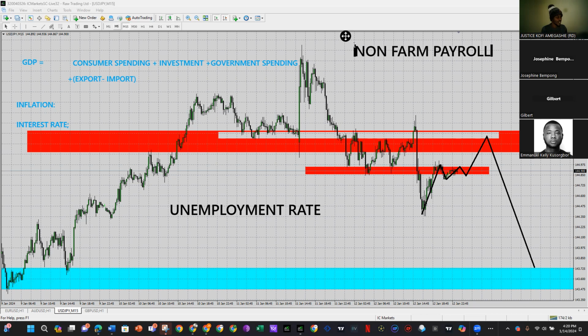So every first Friday of the month at either 12 o'clock or 1 p.m., there is a non-farm payroll. It's a very high volatile news. So you want to be off the market after the news release. You come and do your analysis and then you place your trade. That makes it more exciting than you being in the news. When the news is released, that can be very problematic to you.